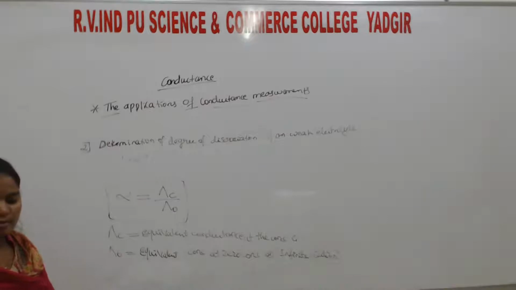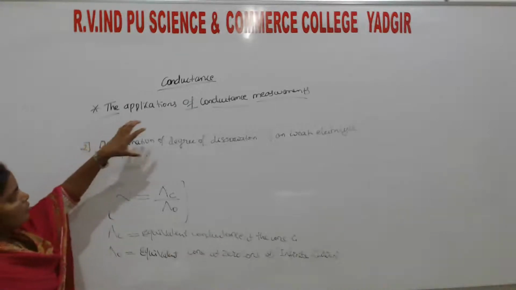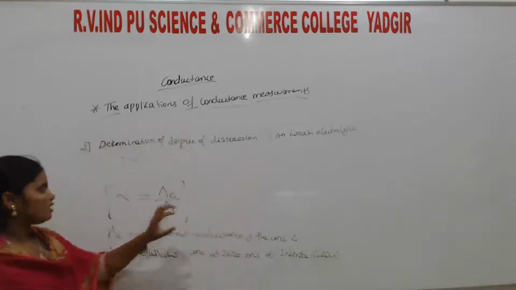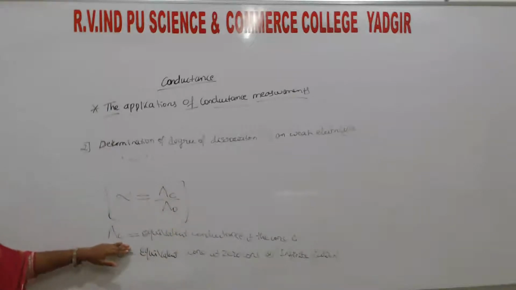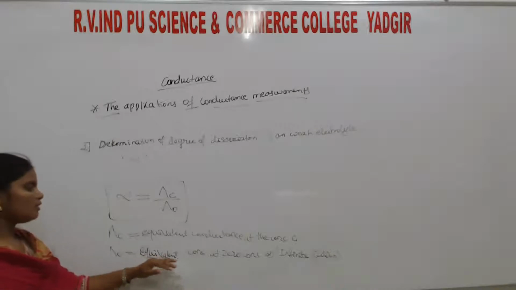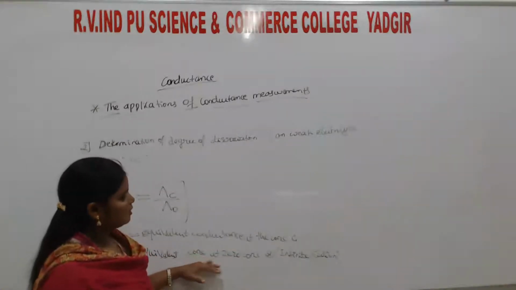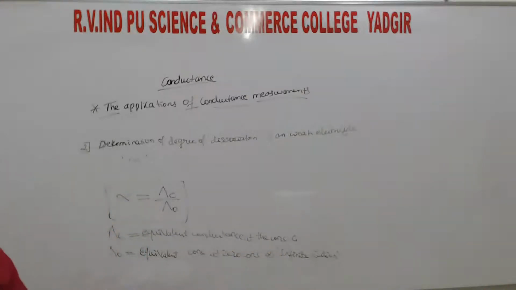Lambda c, lambda naught, and alpha can be calculated if you are doing the experiment, the determination of degree of dissociation of a weak electrolyte. You use this formula: alpha is equal to lambda c by lambda naught, where lambda c is the equivalent conductance at concentration C, and lambda naught is the equivalent conductance at zero concentration or infinite dilution.